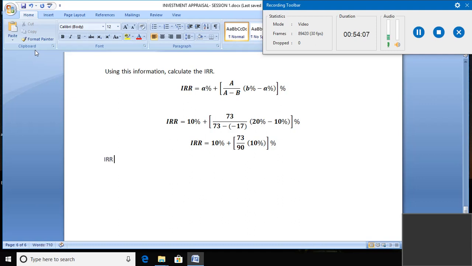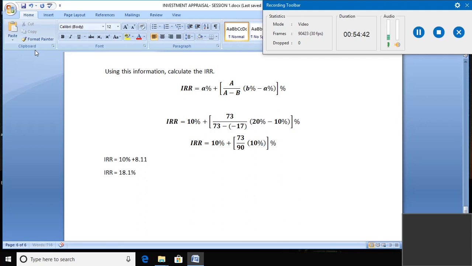Internal rate of return will be equal to 10% plus the resultant from the figures we have in the brackets, which should be 8.11. So put together, your internal rate of return will be equal to 18.1%.